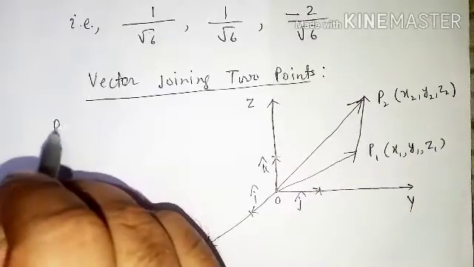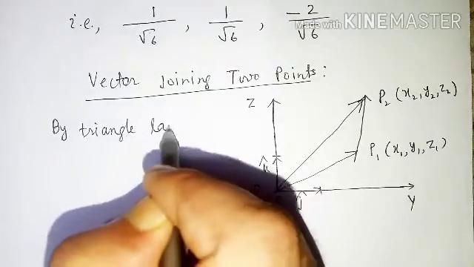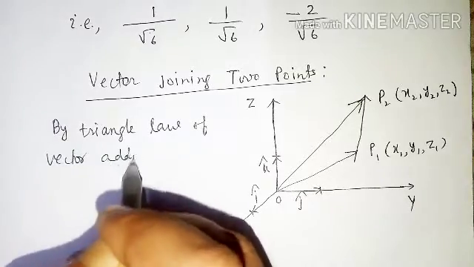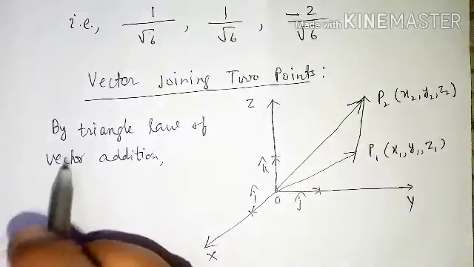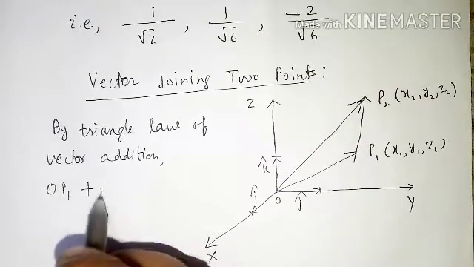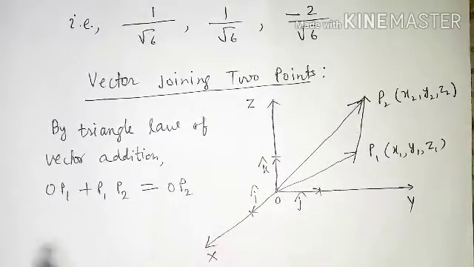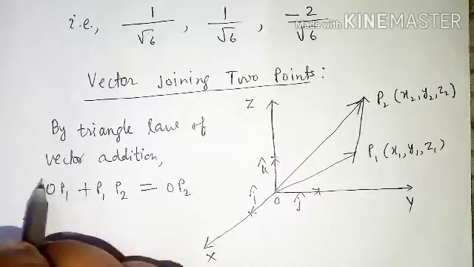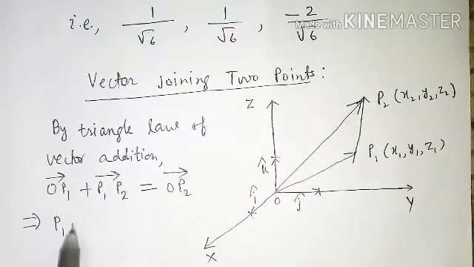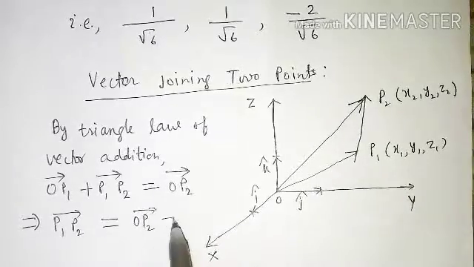By triangle law of vector addition, OP1 plus P1P2 is equal to OP2. This implies that vector P1P2 is equal to vector OP2 minus vector OP1.